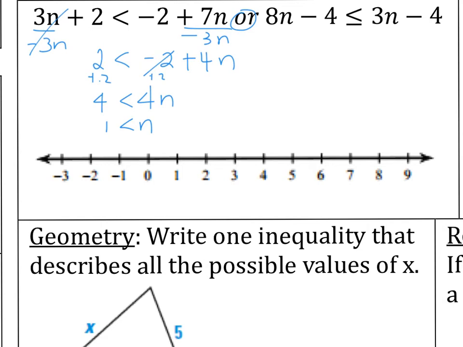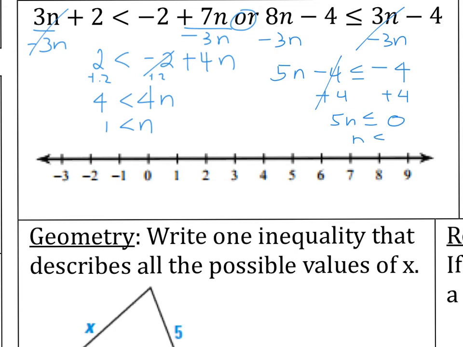Okay, and this next one, subtract 3n. Add 4. N will be less than or equal to 0. Okay, let's graph.